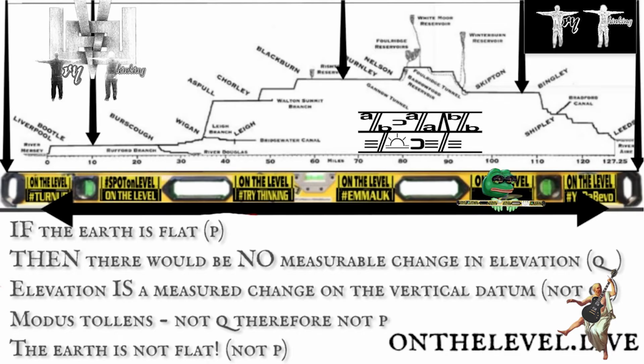That's why I want to clarify, because I think it's worth pointing out that the rebuttal was a straw man. Nowhere in the argument are the words level plane even mentioned. Topography is not mentioned. It's only about the elevation change, which is a measured change on the vertical datum.